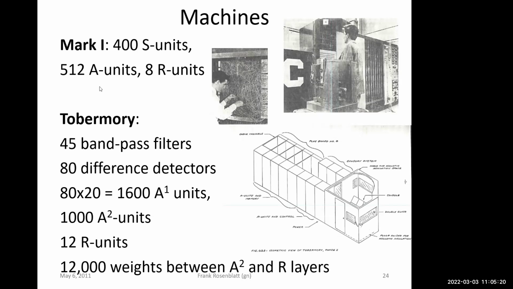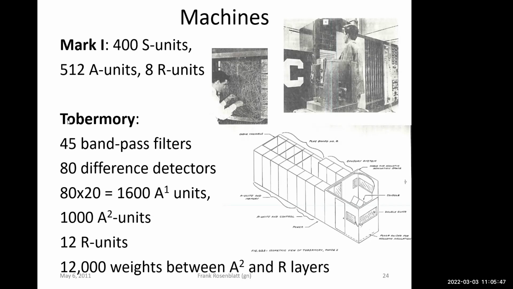So with Mark 1, 400 units, 500 accumulators, 8 results. Here's pictures of this physical thing. Again, this is in the Smithsonian, not always on display, but in their warehouse. They got big warehouses there. Pretty fascinating. Really, really large, room size.